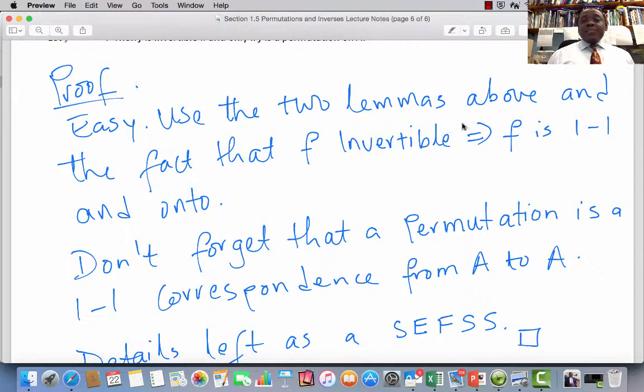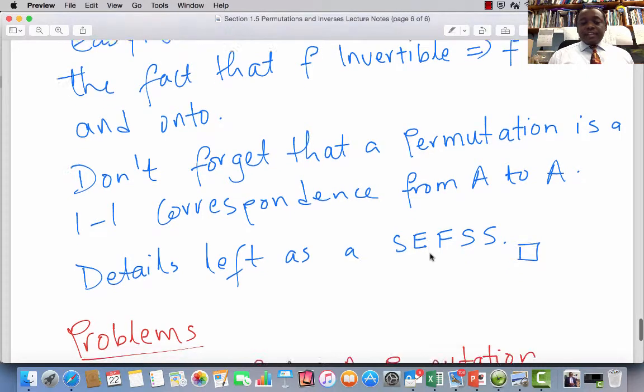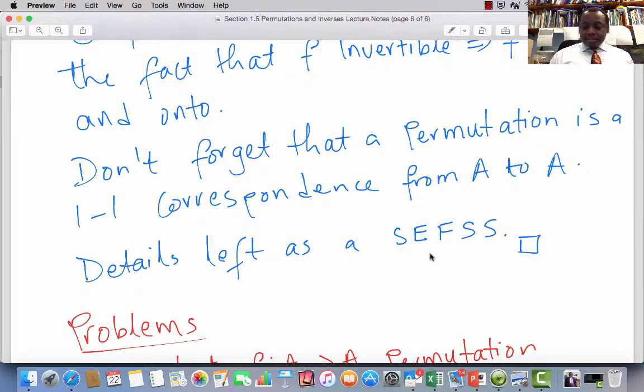Use the two lemmas above and the fact that if f is invertible, then f is 1 to 1 and onto. Now, don't forget that a permutation is a 1 to 1 correspondence from A to itself. And I would leave the details as a simple exercise for serious students.